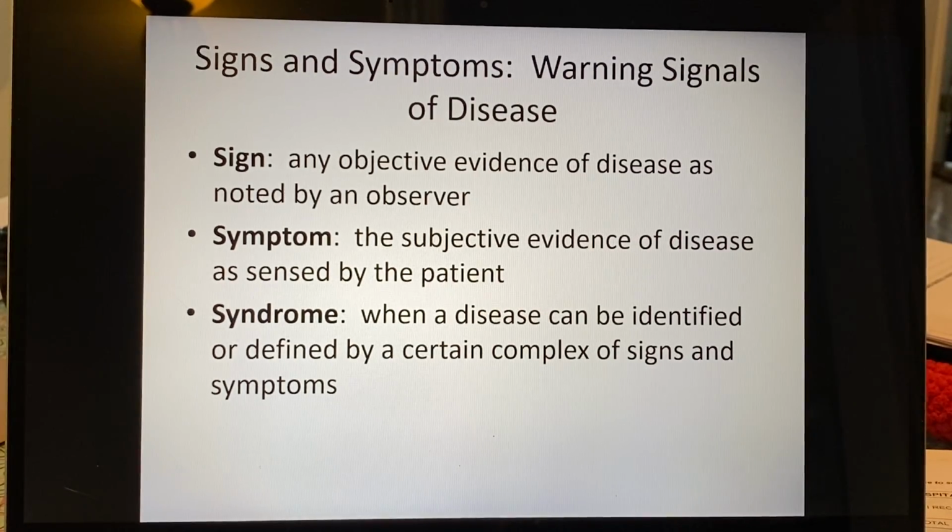Like I feel nauseous, my head hurts, and if you give them a level on a pain scale, one person might say 3, one person might say 9, because we all have different reactions to pain. So a sign is anything that you, as a healthcare provider, can measure yourself. I'm going to give you some examples of these. A symptom is something that the patient has to tell you about, and it's much more subjective.